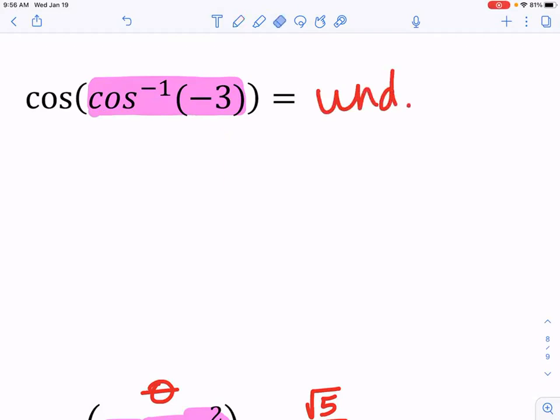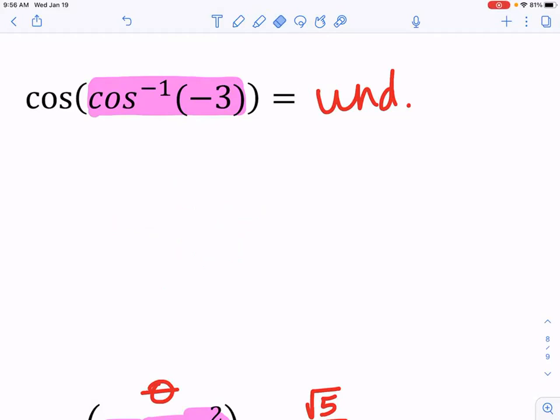Okay, if you would have tried to make a triangle in the fourth quadrant with a cosine ratio of adjacent over hypotenuse, there would have been a problem. Can I have a cosine ratio of 3/1 where our hypotenuse is 1 and our adjacent side is 3? That doesn't even make sense. Okay, that's not geometrically possible.